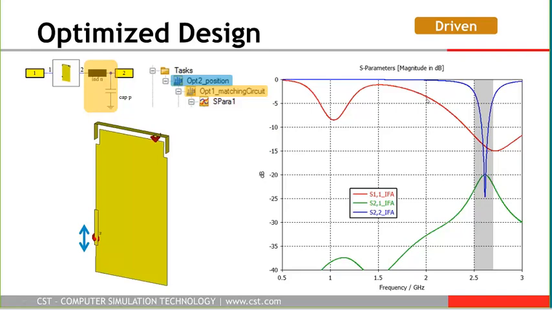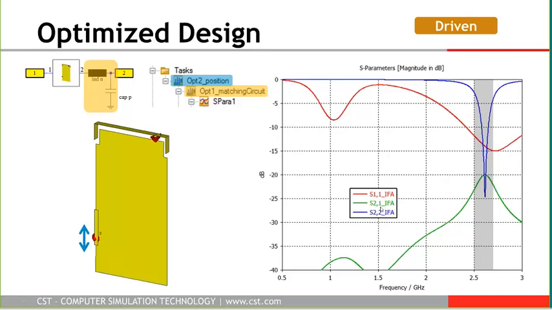So you can see the red curve is actually the primary antenna. It is very nicely matched within the band of interest. The blue antenna is also matched to maybe minus 20 or 25 dB, but the bandwidth is not so good, and we don't have sufficiently low S11.